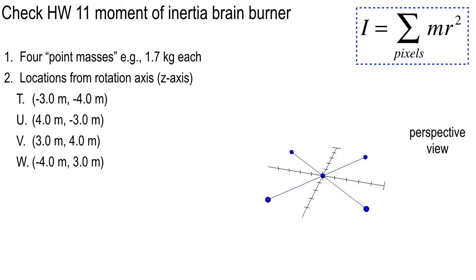I didn't label them, I should have. Okay, this is W here, this is V, this is U, and this one over here in the negative quadrant is point T.